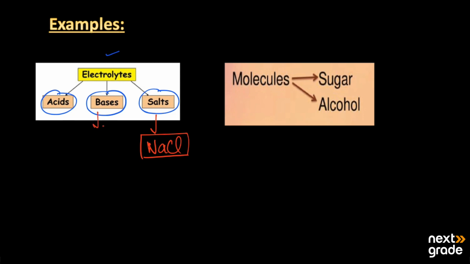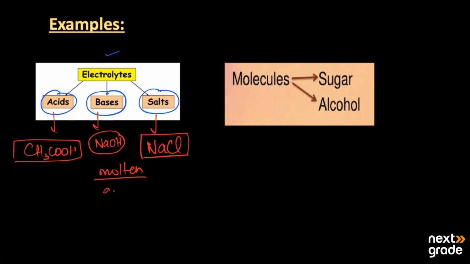Among acids we have acetic acid, CH3COOH. It can work as an electrolyte because it can conduct electricity. On the other hand, if we talk about the base, we have sodium hydroxide. It is a strong base and it can conduct electricity when it is taken in its molten state or when we have its aqueous solution.